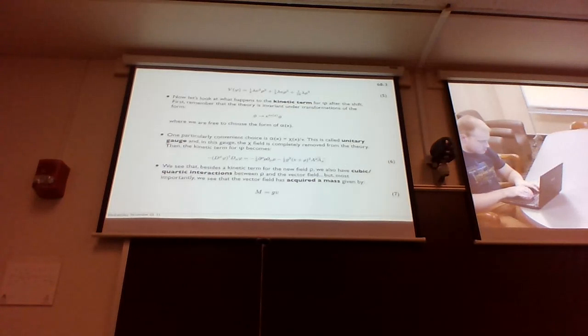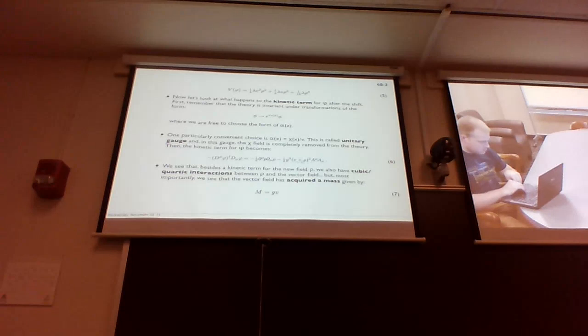Because when you put it all back together, you get something that looks like this term. So when you square this out, it's going to give you a v squared term. And if you take that term with these two guys and the g squared, it's going to have the correct sign for a mass term.